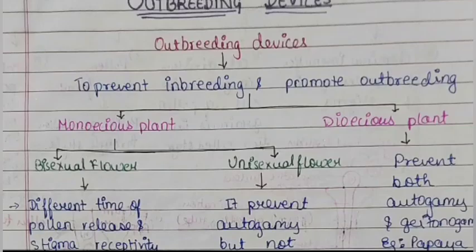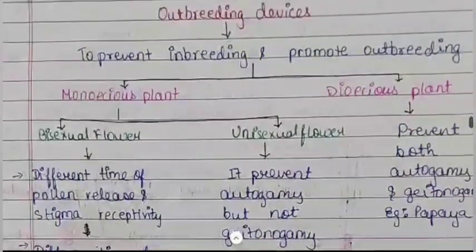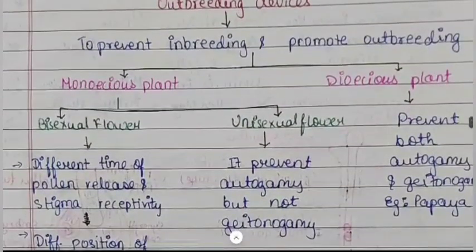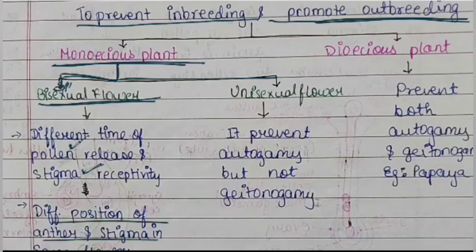Now coming to the topic of outbreeding devices, in which plants have developed their own mechanisms to prevent inbreeding and to promote outbreeding. In the case of monoecious plants, two types of flowers are there, bisexual and unisexual flowers. In bisexual flowers, the time of release of pollen grain and stigma receptivity is different, so it generally prevents autogamy.